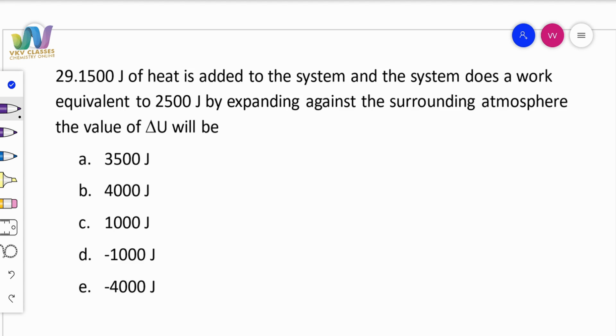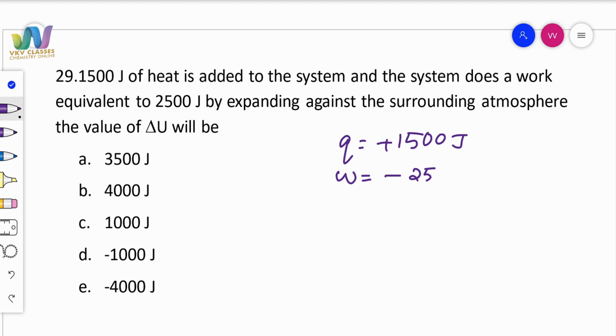1500 joules of heat is added to the system and the system does a work equivalent to 2500 joules by expanding against the surrounding atmosphere. The value of delta U will be: here Q is equal to plus 1500 joules because it is added to the system, and work done is expansion against the surrounding, so work is done by the system.